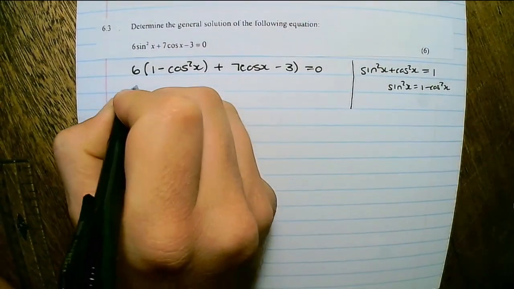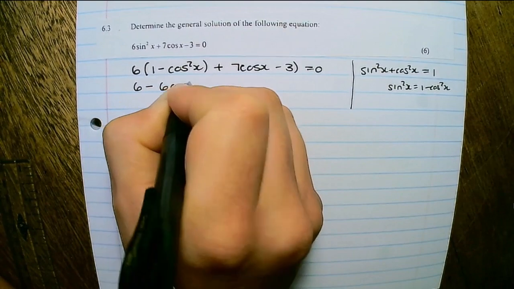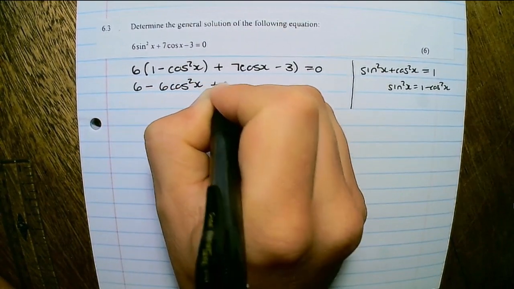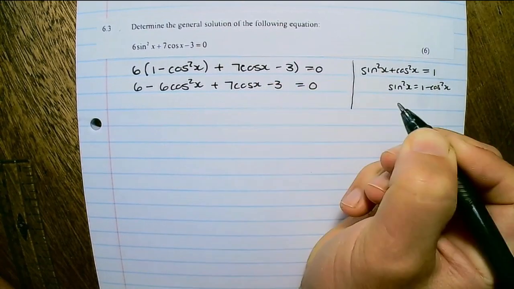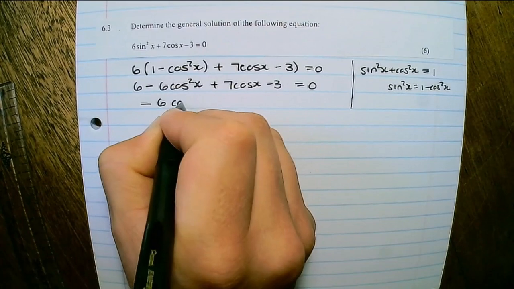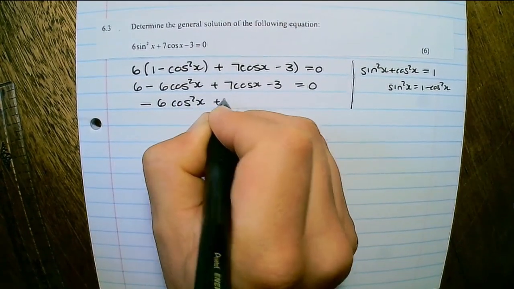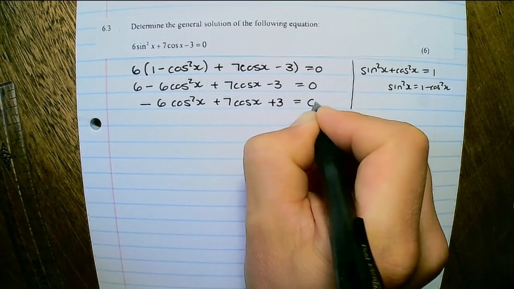If I multiply this out, it will be 6 minus 6 cos square x plus 7 cos x minus 3 equal to 0. And that will be negative 6 cos square x plus 7 cos x plus 3 equal to 0.